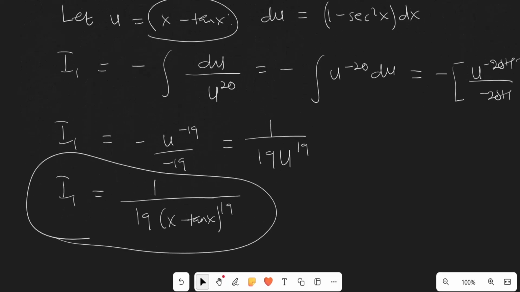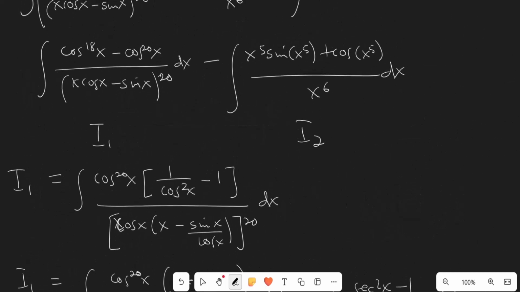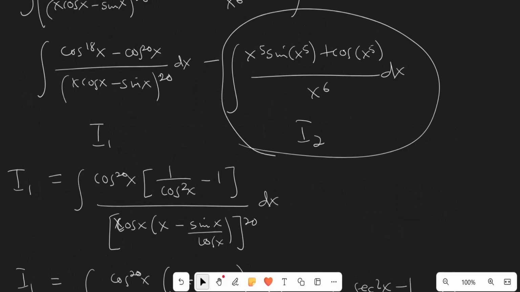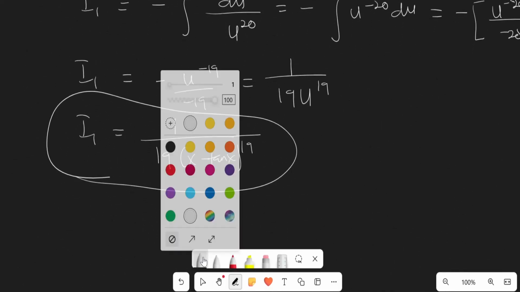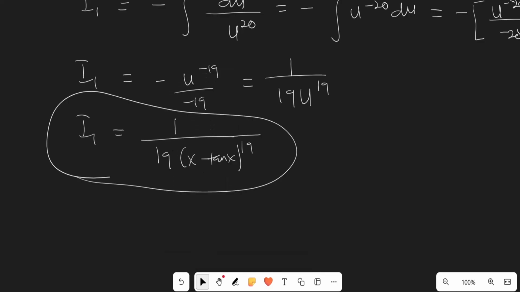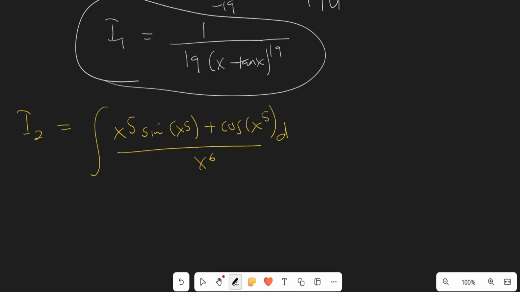Now let's tackle the second integral. The second integral I2 was the integral of (x^5 sine of x^5 plus cosine of x^5) all divided by x^6 dx.